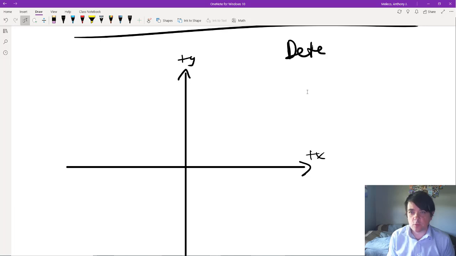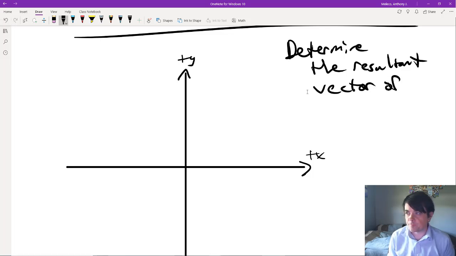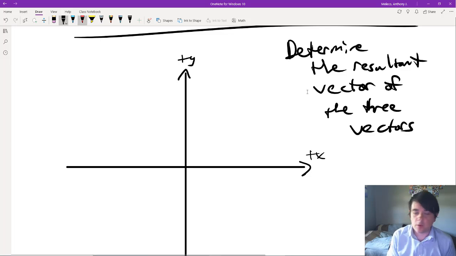Here's the question. So we want to determine the resultant vector of the 3 vectors. Okay, so we've got multiple vectors. Let's write them all out.